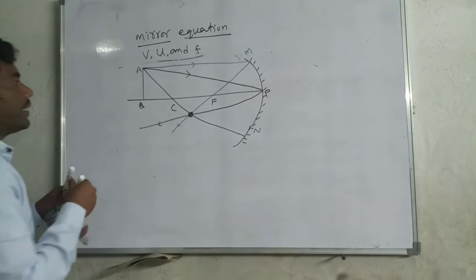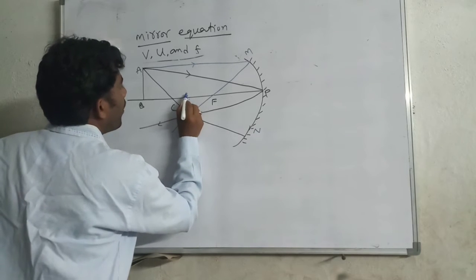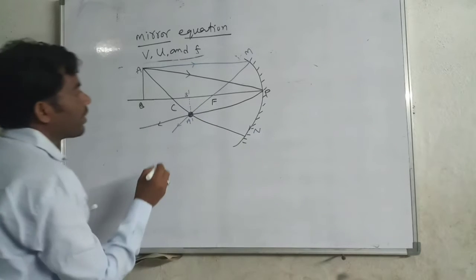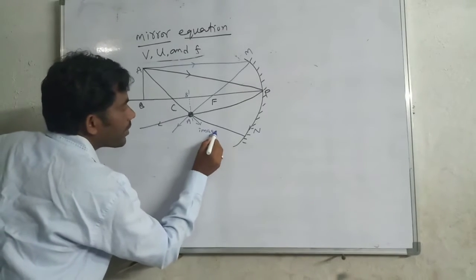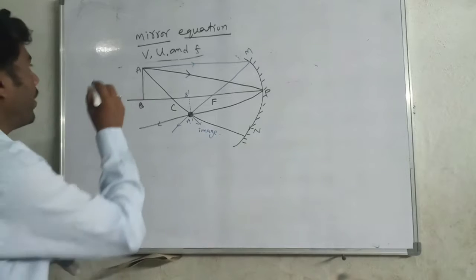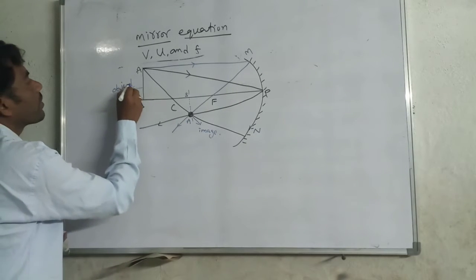Now this is B dash and A dash, and generally we call this the image, and this is the object.